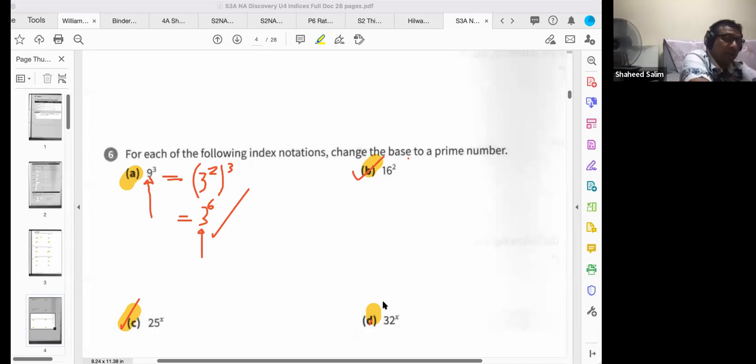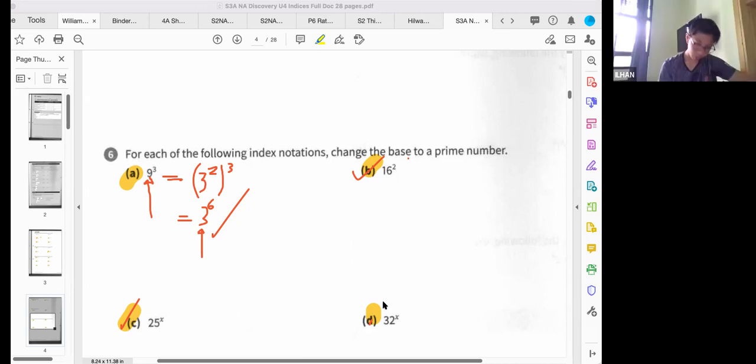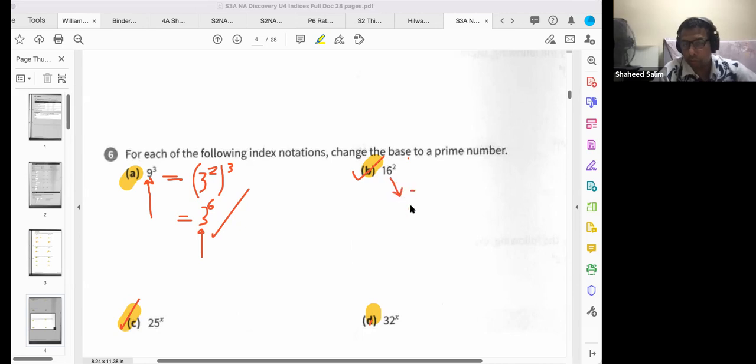Answer is? 2 to the power of 4. Okay, so this one you change to 2 to the power of 4. Good. 2 times 2, 4. 4 times 2, 8. 8 times 2, 16. But there's still the power of 2 outside. So the final answer is?